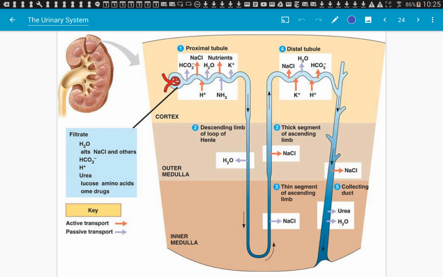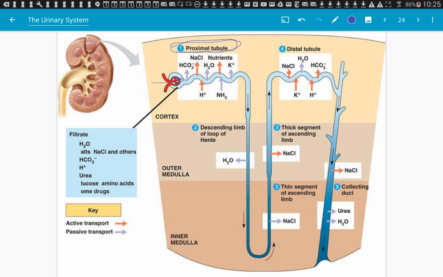Okay, so here is a really, really good slide for you to study. This is that one I was talking about that gives you very specific information about what's passing in or out of the nephron in each section. So over here, starting at the proximal convoluted tubule, we have our filtrate that is entering there. A lot of reabsorption back into the renal veins is going to occur there.